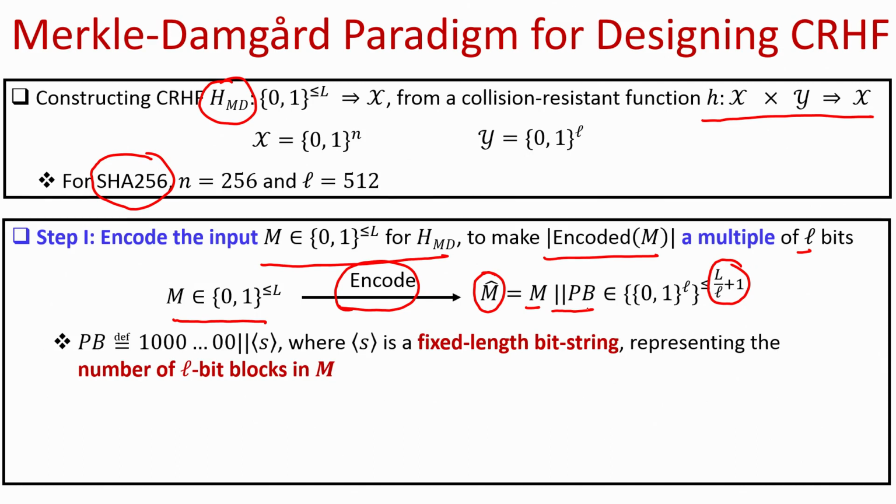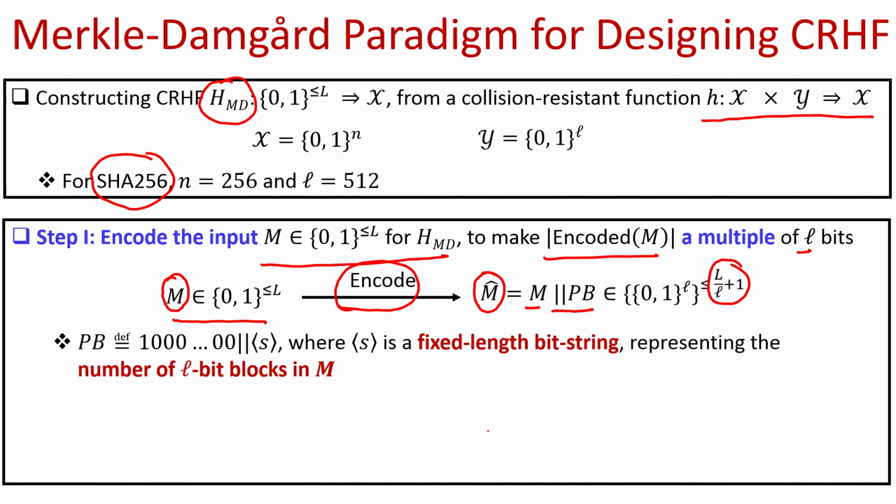So, what exactly is the form of the padded bits? Well, the padded bits are defined as follows. It will start with 1 followed by the required number of zeros, concatenated with the binary representation of the number of little l bit blocks which are present in the original m. You have the original m, which is the actual input you want to hash using the big H function you are interested to construct.